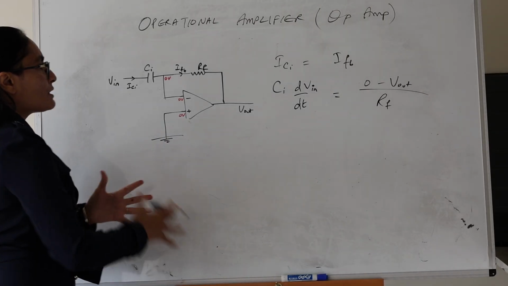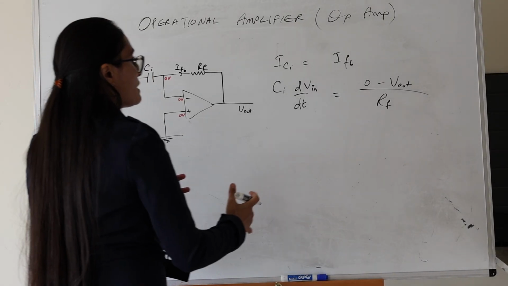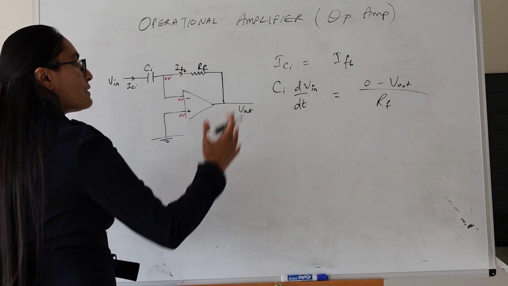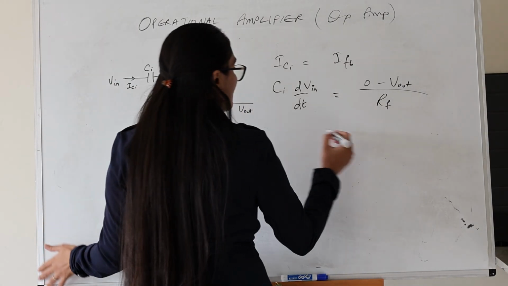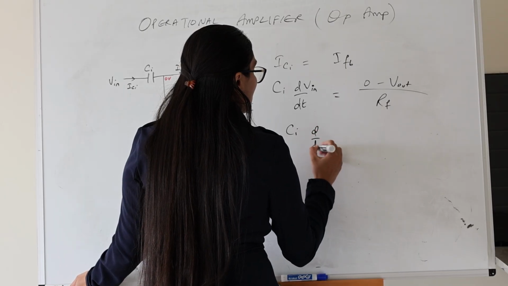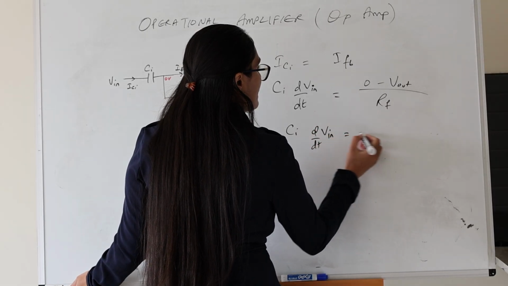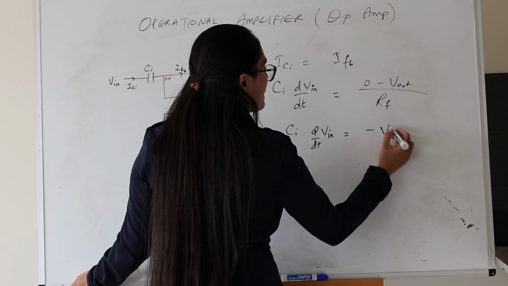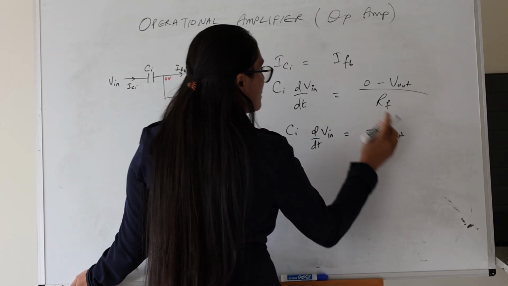Now things are simple. We're just going to rearrange a few things in order to get V out. So C dV in/dt equals minus V out over RF.